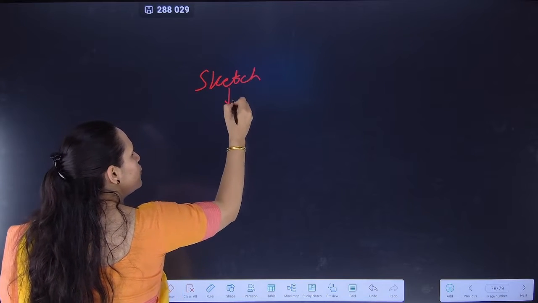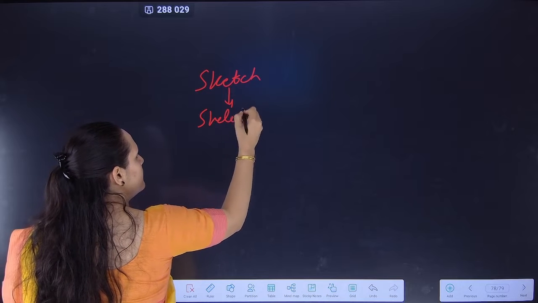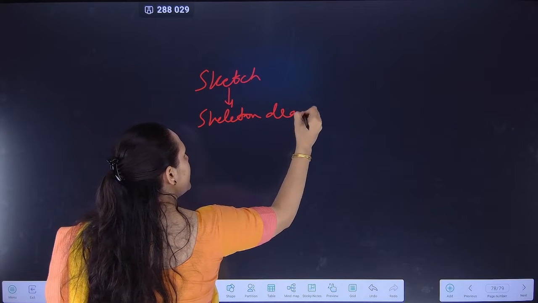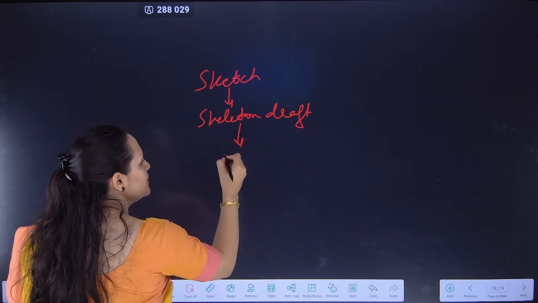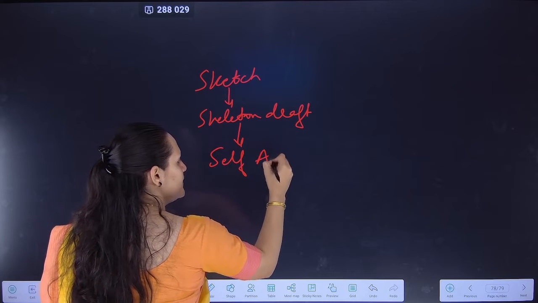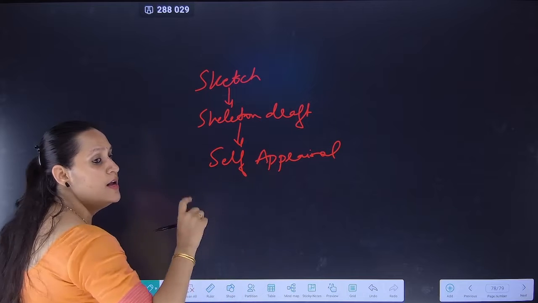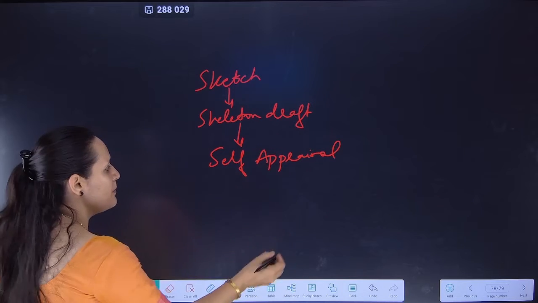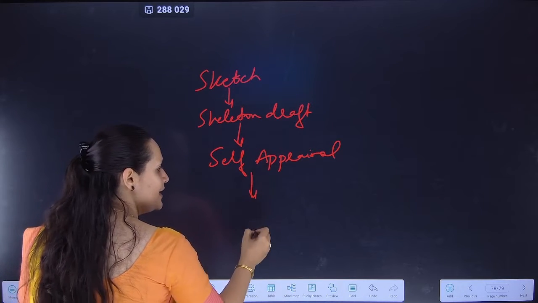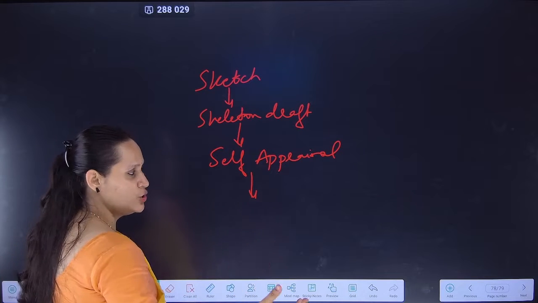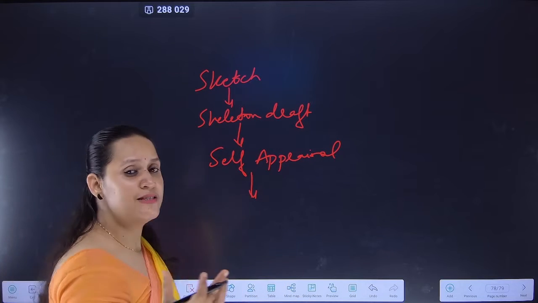After the sketch, we have to create the skeleton draft. Once we create the skeleton draft, we have to do the self-appraisal. That is nothing but checking whether there are grammatical mistakes, spelling mistakes, or any kind of confusion. Once self-appraisal has been done, you can finalize it, keeping in mind certain extra situations, extra points that you have to keep in mind.